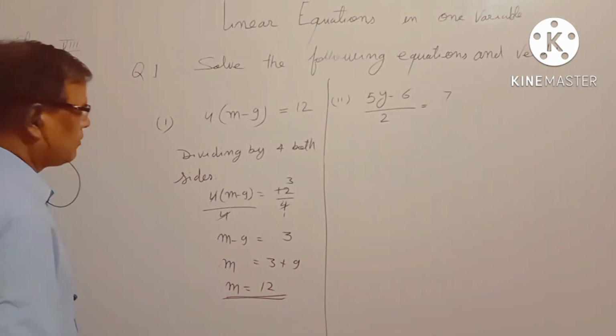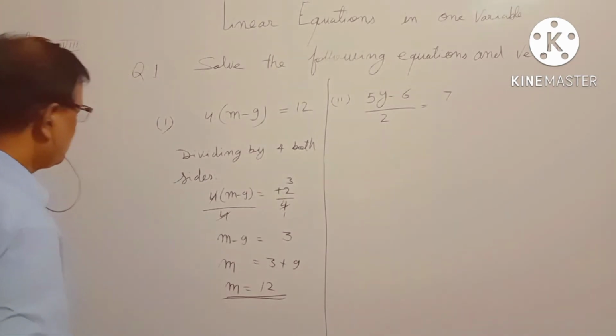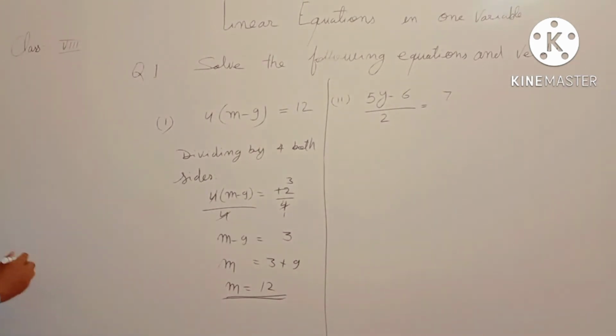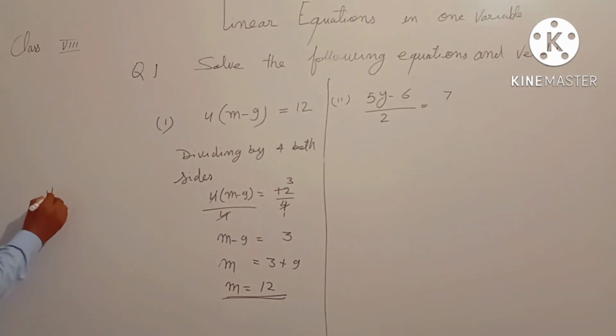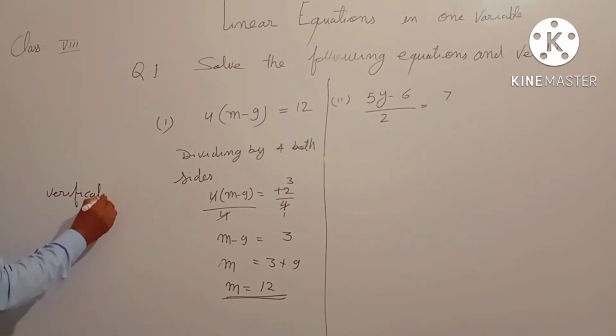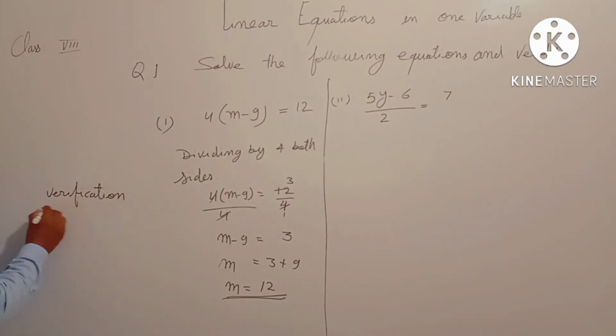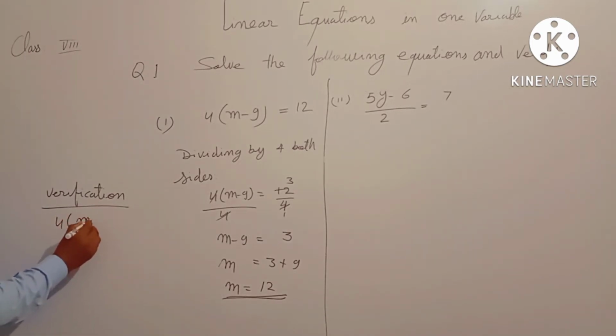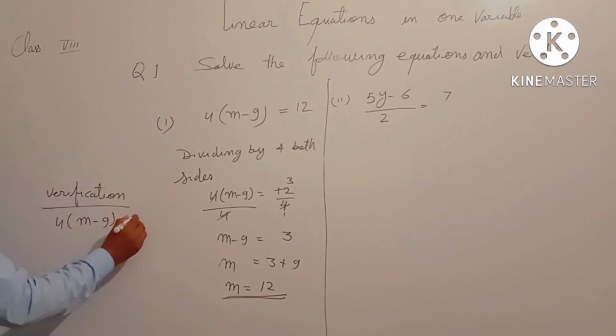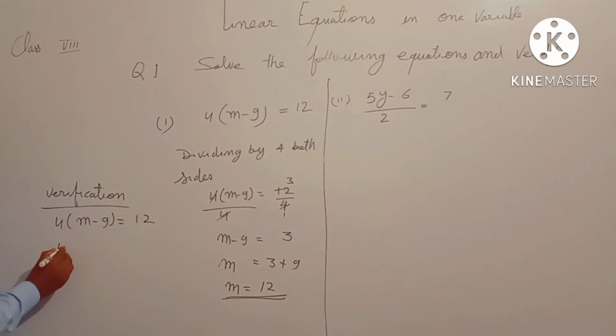Thus we have found the value of m. Now we want to verify it. In verification, we write the equation as it is and put in the value we have found: 4 into m minus 9 equal to 12, with m as 12, so 4 into 12 minus 9.